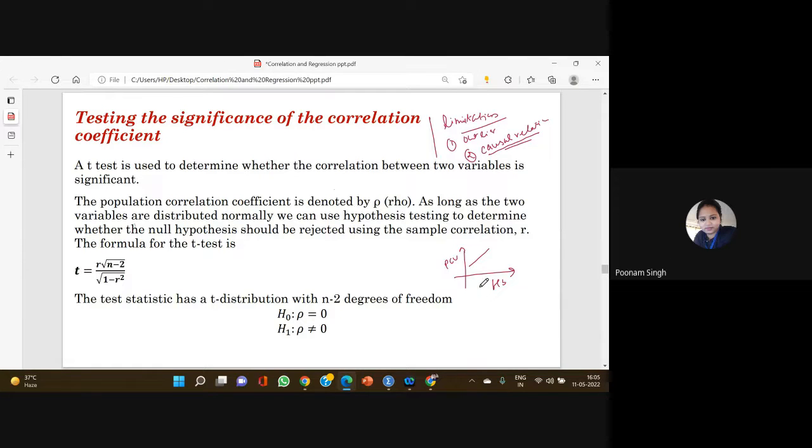So whenever you are calculating the correlation coefficient, remember that you cannot interpret the result in the way that change in one variable is the cause of change in the value of another variable.